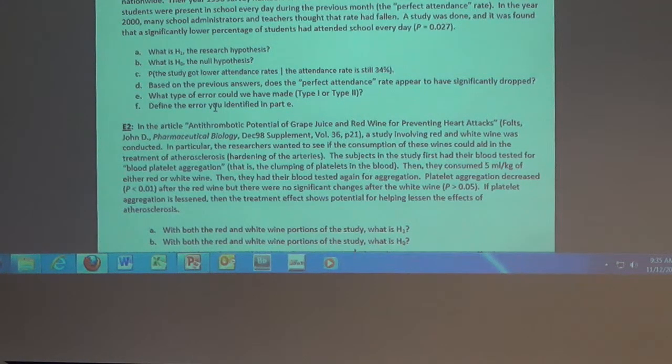I'm going to not have you define the error so much as do what we just did, which is circle the potential type of error you could have made. Yes, I like that better. So I'm thinking like one of these, and very templatized, where you circle the correct responses. One of these, and then one t-test. We'll call that your in-class on Thursday.